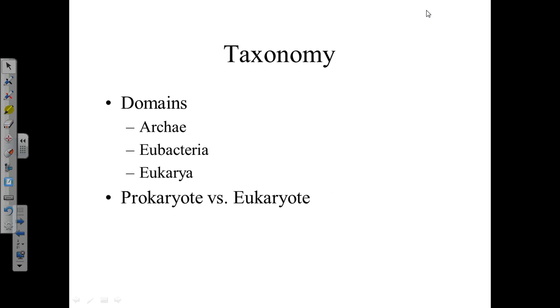All right, so there's our domains. Archaea, eubacteria, and eukarya. Just probably in the regular biology textbook that you were using, what was usually on the end of the word archaea? It was usually archaea bacteria. They dropped that. It's not the proper name anymore.